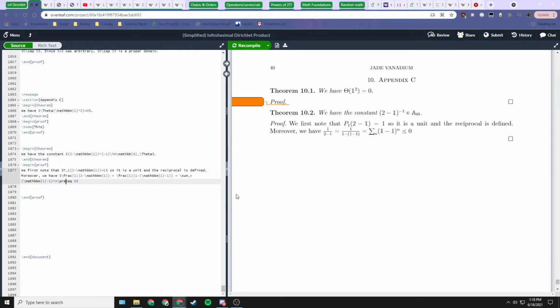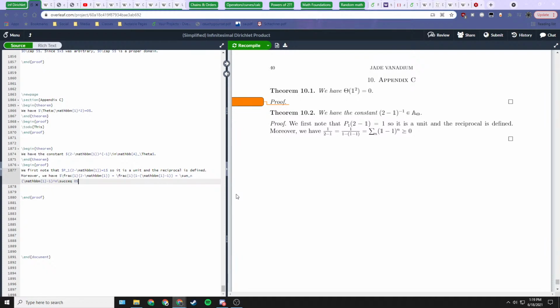This is the wrong relation. So this is our first note, that this object is non-negative on every index. In fact, it's only 0 on the 0th index.